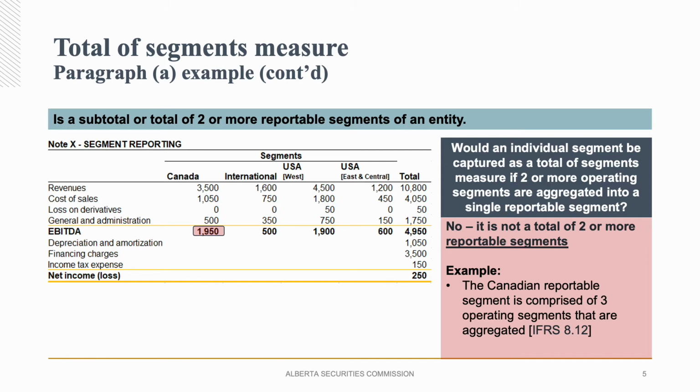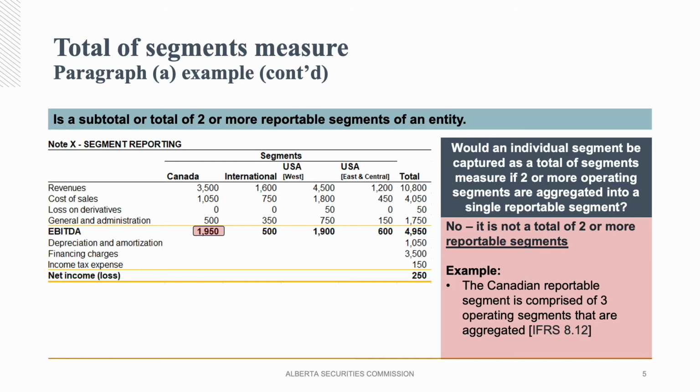The Canadian reportable segment is made up of 3 operating segments that are aggregated to form the one Canadian reportable segment. Even though there are 3 operating segments that make up the one Canadian reportable segment, this individual Canadian reportable segment is not captured as a total of segments measure because it is not a total of 2 or more reportable segments.